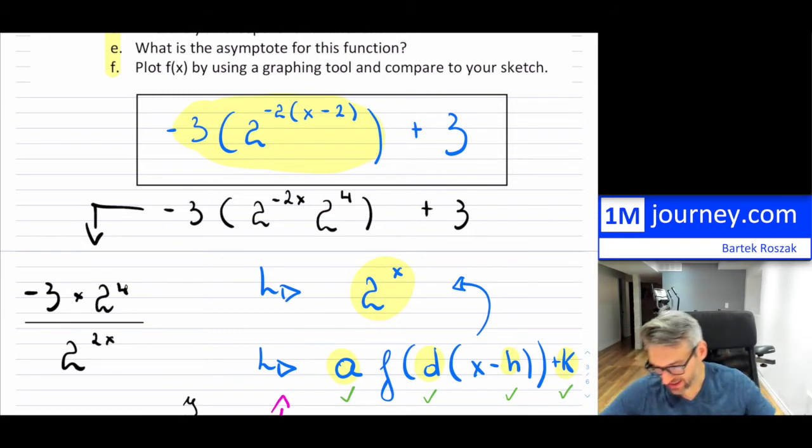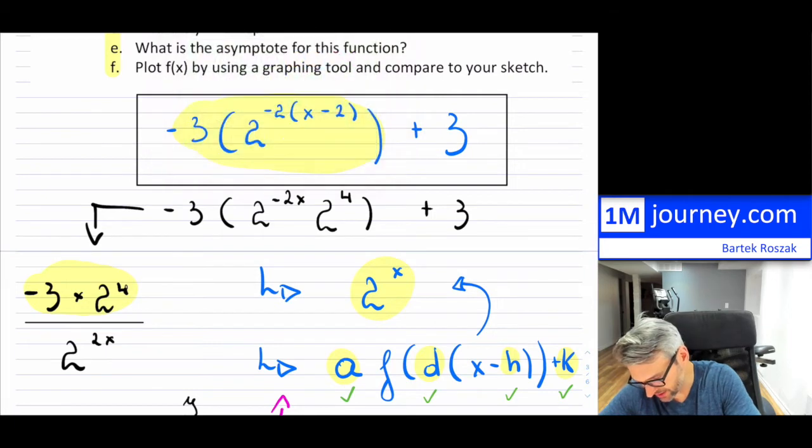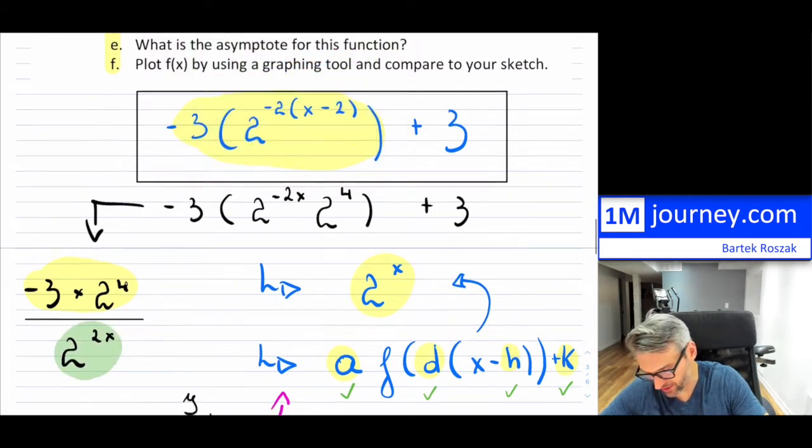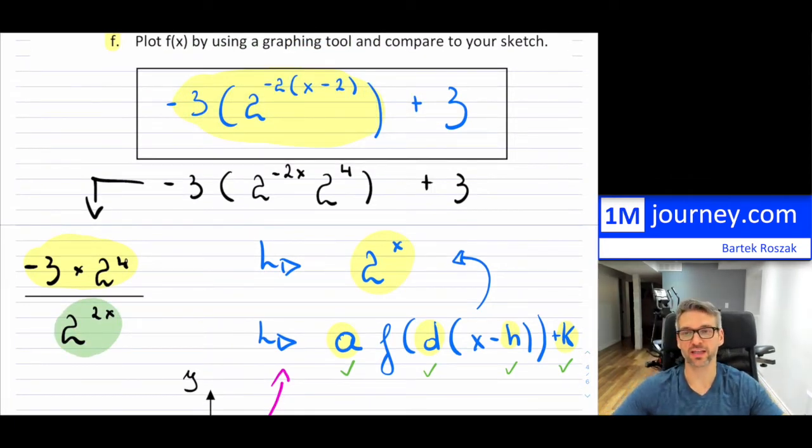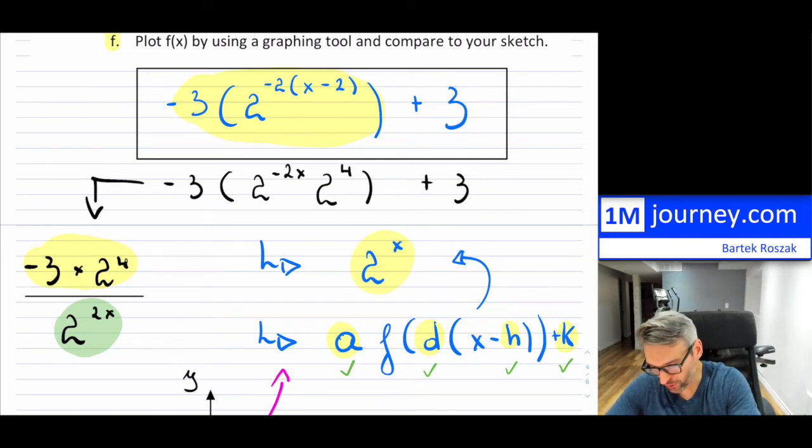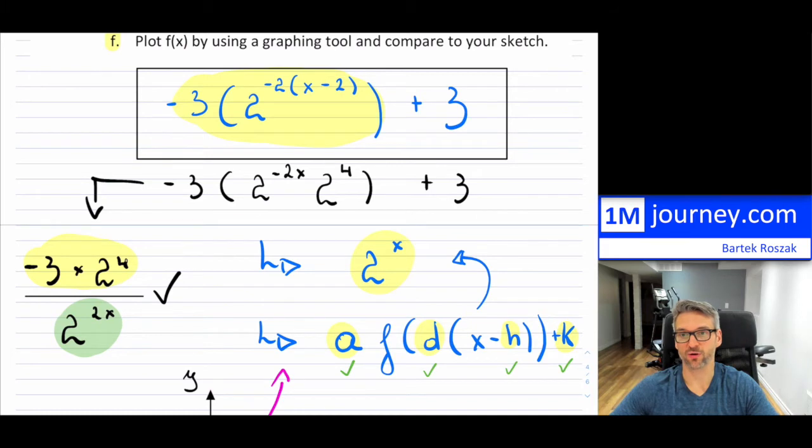As x gets bigger and bigger, these things just stay fixed. They're just some number. And this, in the denominator, as x gets bigger, goes to infinity. So that number overall approaches 0, from the negative side, which means we just have this plus 3.